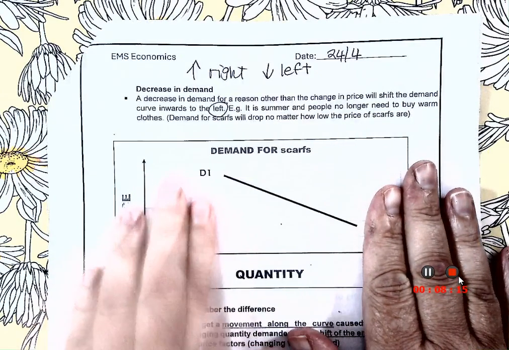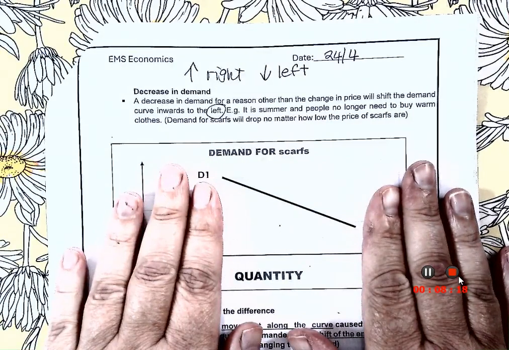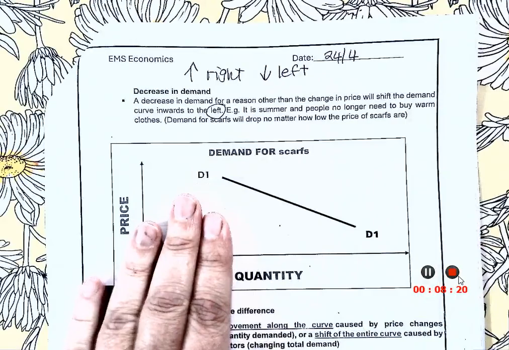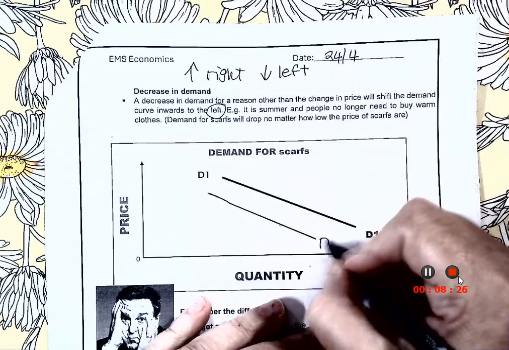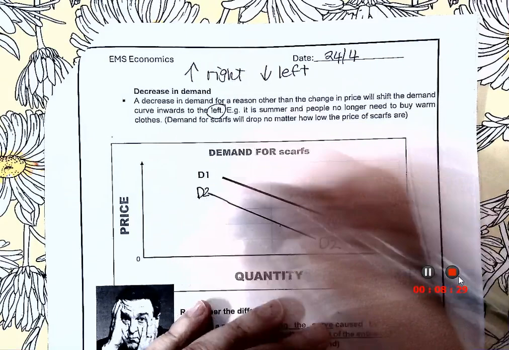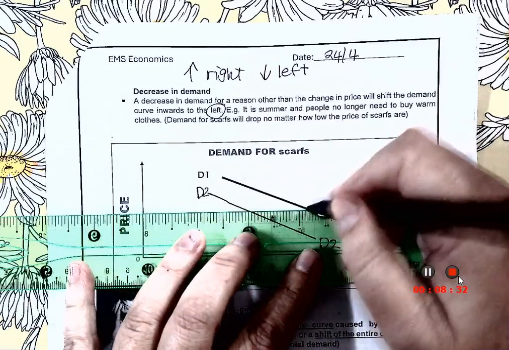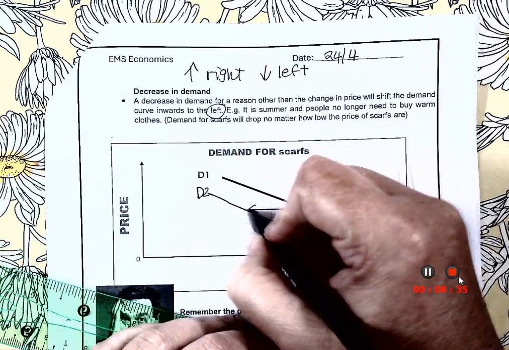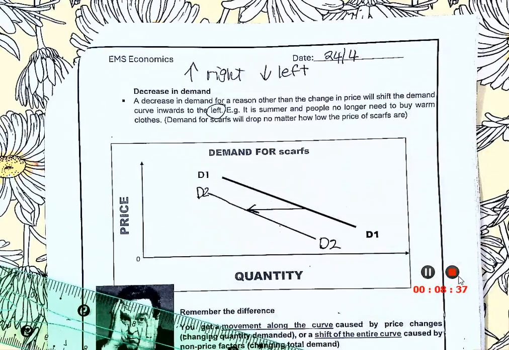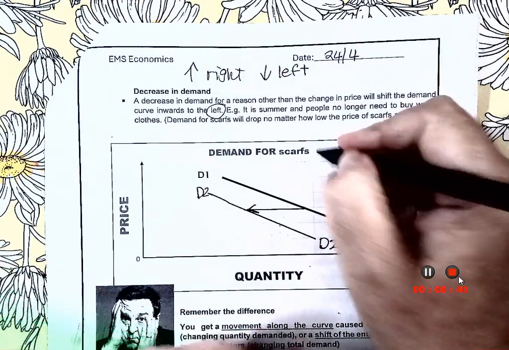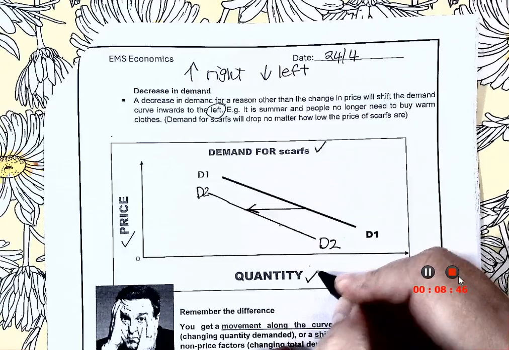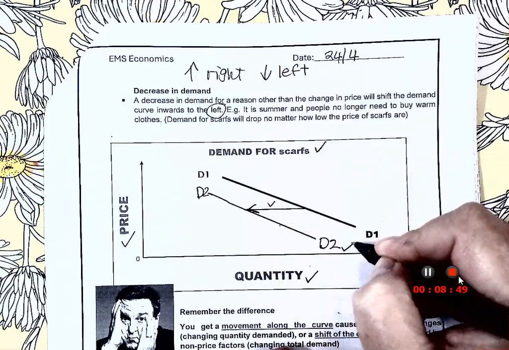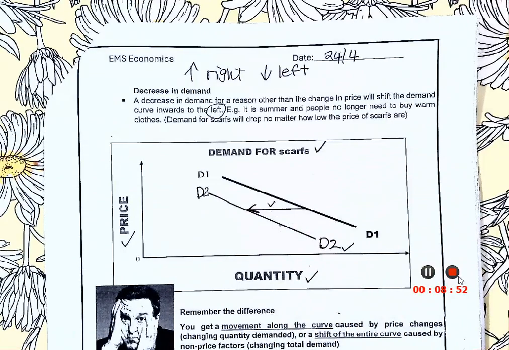Which is my left hand? This one. So the line is going to move this way. D2. Now I need to draw my arrow. It goes left. You get one tick for that, one for that, one for that, one for the arrow, and one for the curve, if you named it. Otherwise it's just a line.